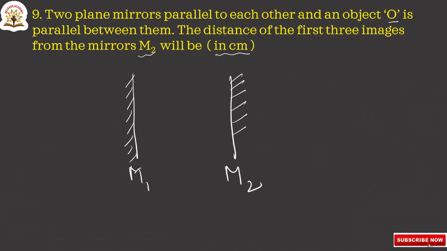These two are parallel to each other. Here we are taking a point between the two plane mirrors. This is the point O, which is at a distance of 5 centimeter, and the total distance is 15 centimeter.